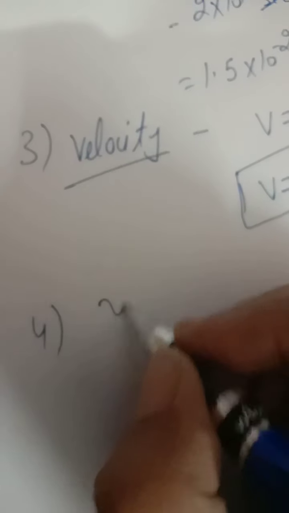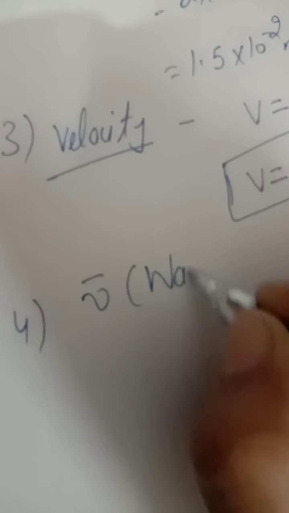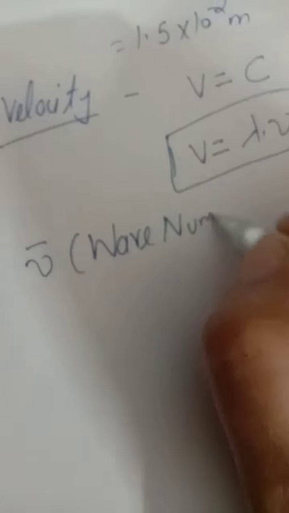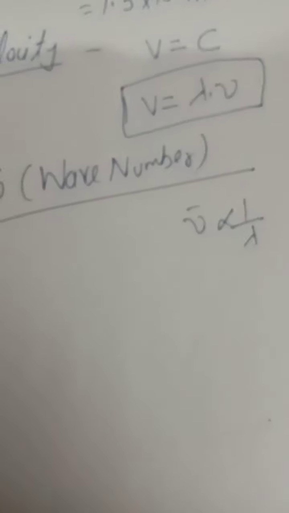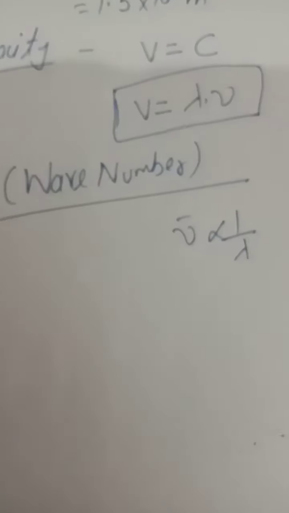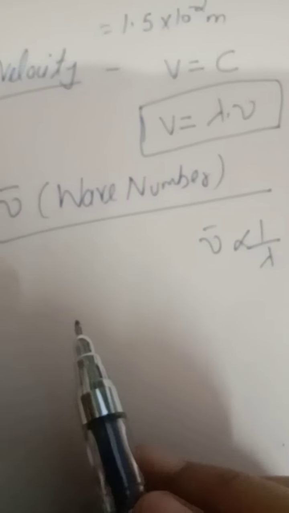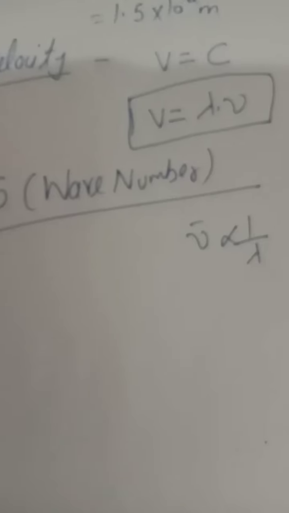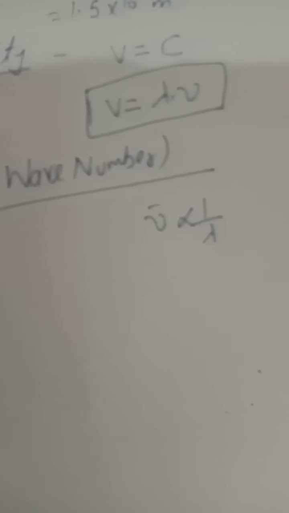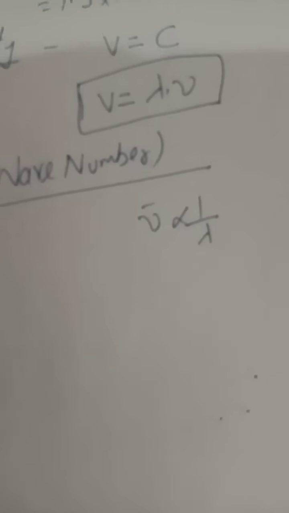Then the next one is nu bar, which is called wave number. Simple definition: wave number is the reciprocal of lambda. But that's not just a simple definition, we'll do its technical definition: the total number of waves present per unit length, meaning in 1 centimeter length or 1 meter length, how many crests or how many troughs are present.